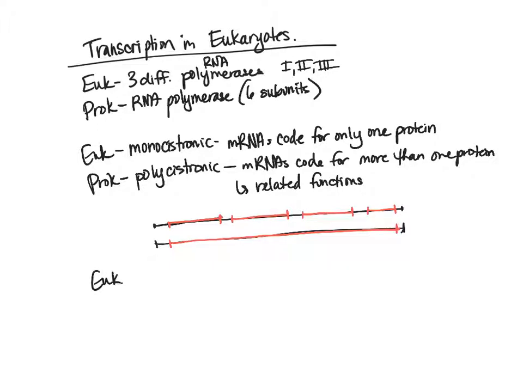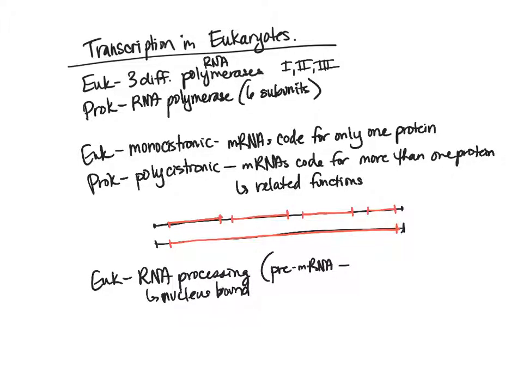The last difference that we'll mention is that in eukaryotes, we have RNA processing. And so remember that RNA processing includes that pre-mRNA. Within the nucleus, we have to add that 5' cap.